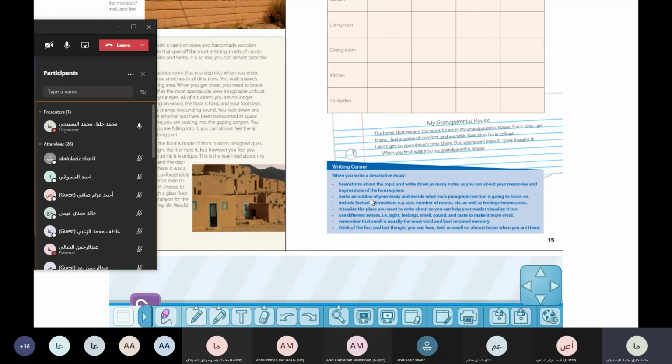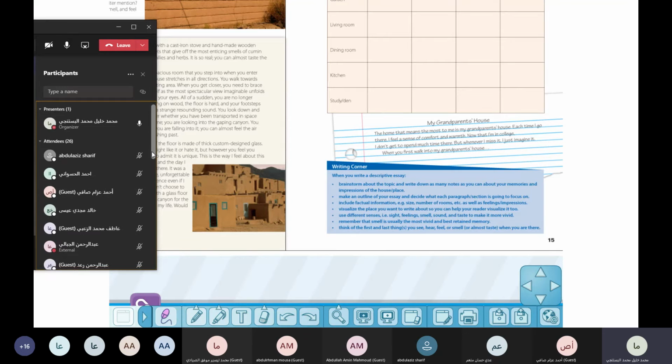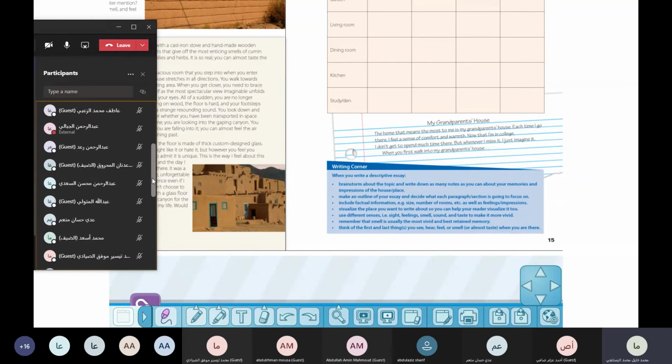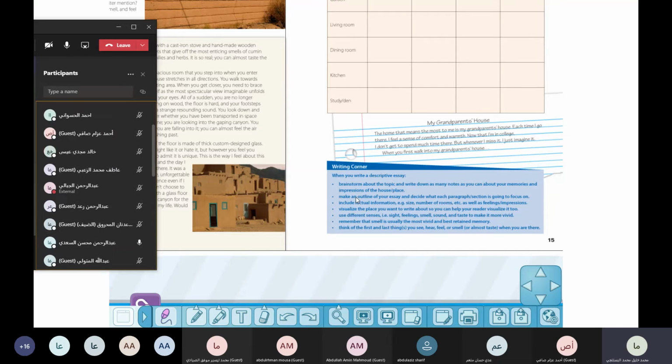Point number three. Khalid Majdi, are you here? Abdurrahman Ra'id. Abdurrahman Saadi. Yes, teacher. Yes, read number 3. Include factual information: size, number of rooms, as well as feelings, impressions.